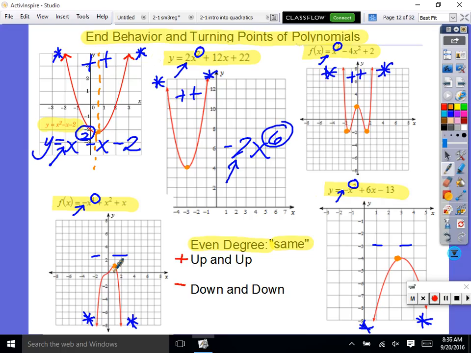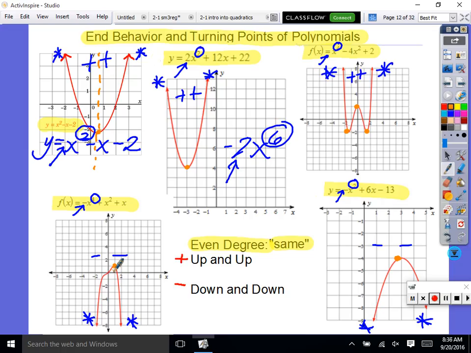Notice it went down in 2s. Do you see what I'm saying? So degree 4 could have 3 turning points. What's 2 less than that? 1 turning point. So degree 4s can have at most 3 turning points, but it might have less. But it can't have 2. It could have 3. It could have 1 turning point. Does everybody understand what I'm saying?